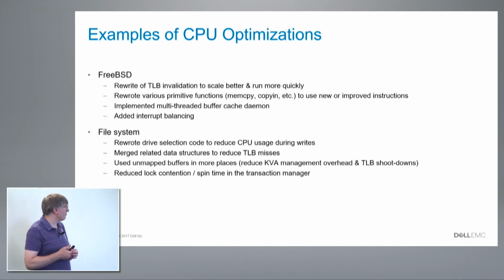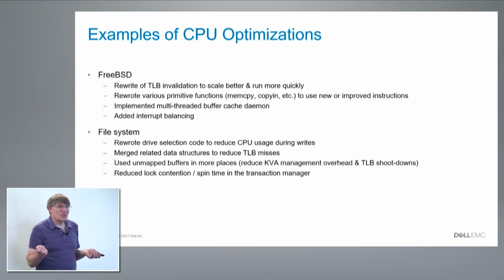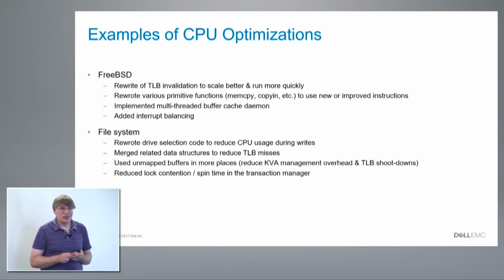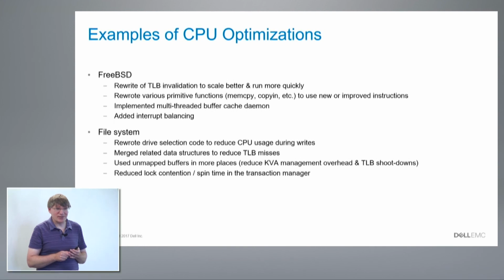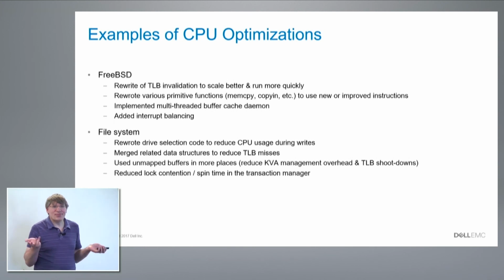In the file system, some of the things we did, we have a fairly complex chunk of code that decides where to write data. And that takes into account things like where are other blocks for this file. There's advantages to trying to keep where you're writing close to other things, particularly on hard drives. We care about not spreading a file over too many disks because we don't want too many files to be affected in a recovery situation, things like that.